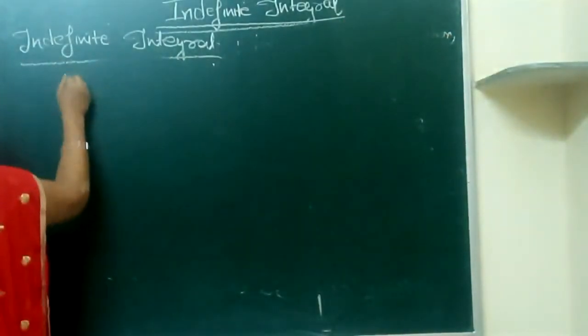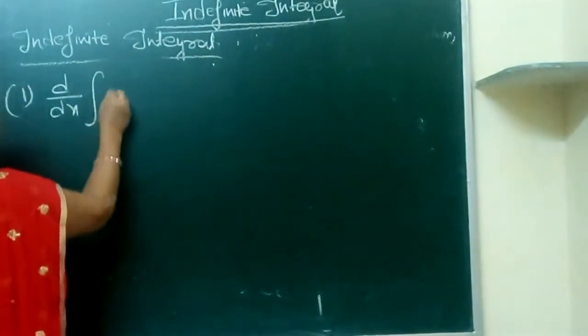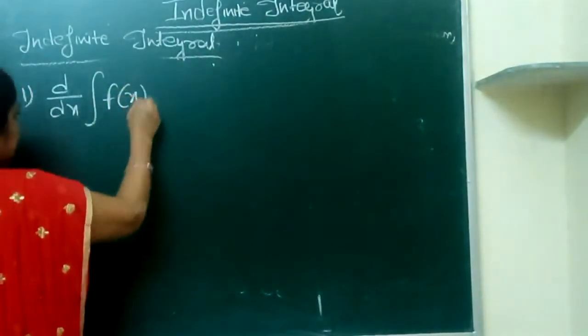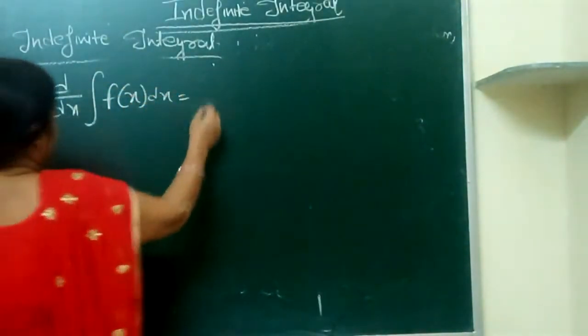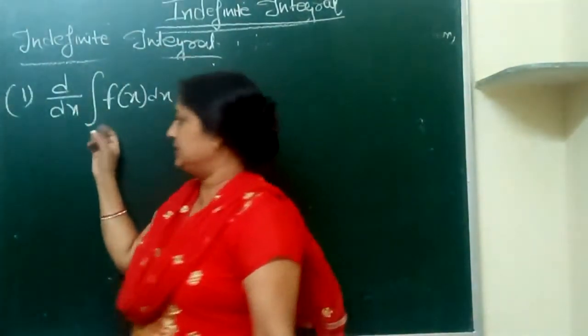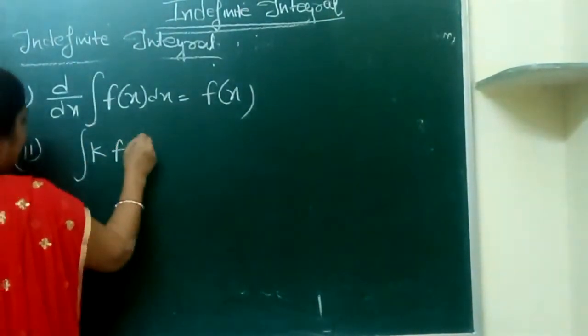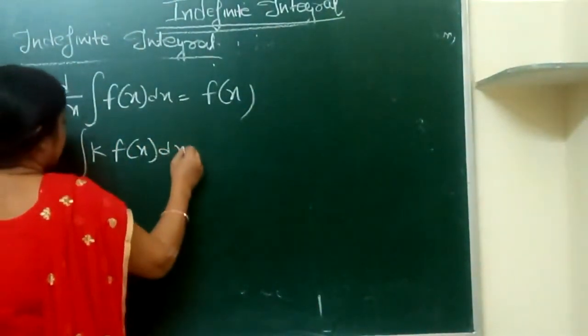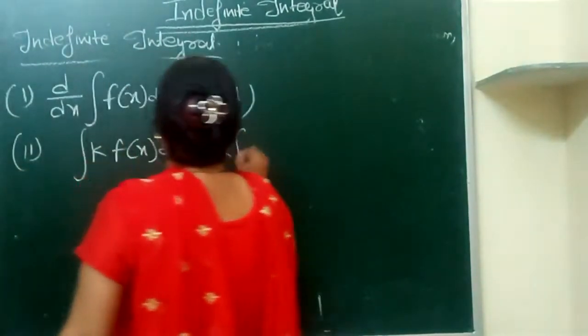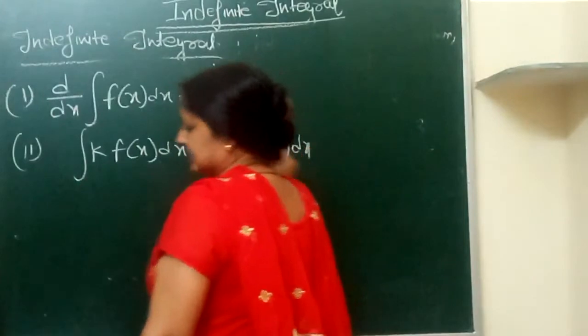First, the derivative of the integration of f of x dx will come f of x. Second is integration of k times f of x dx, that will come k times integration of f of x dx.